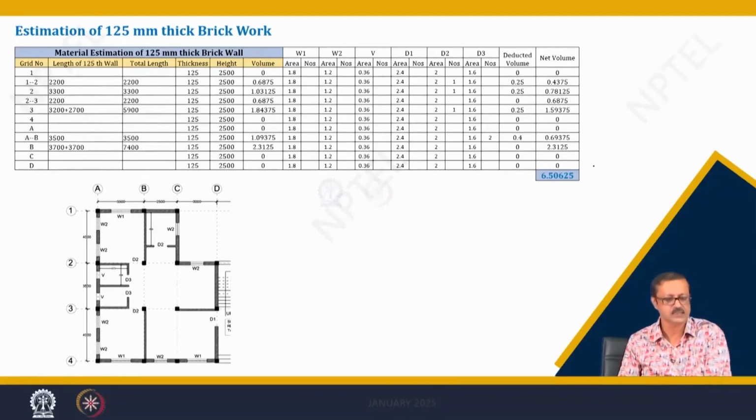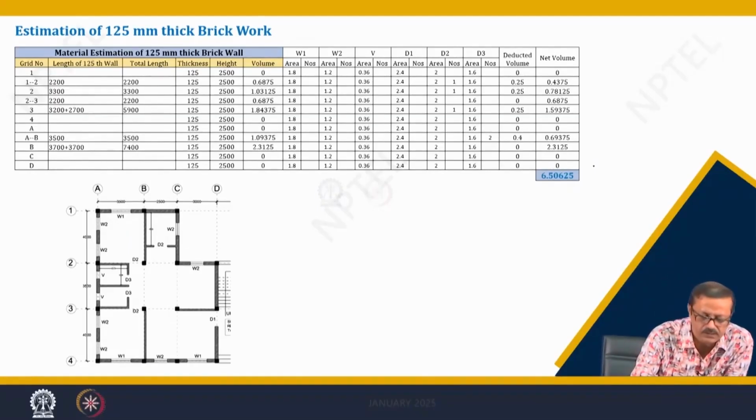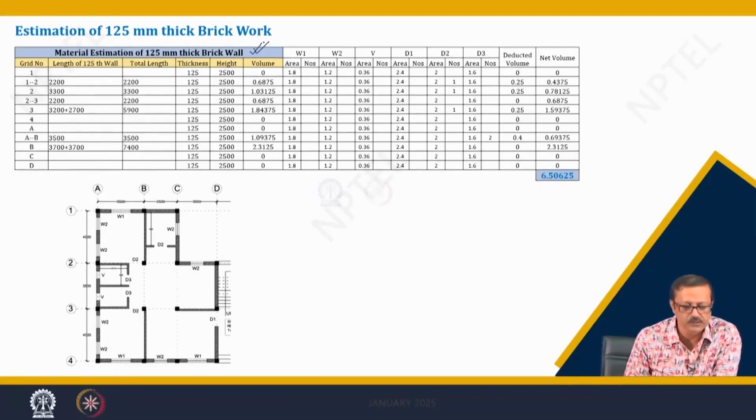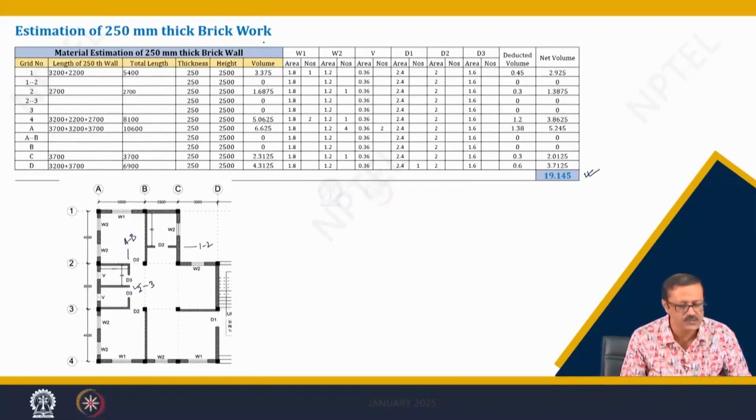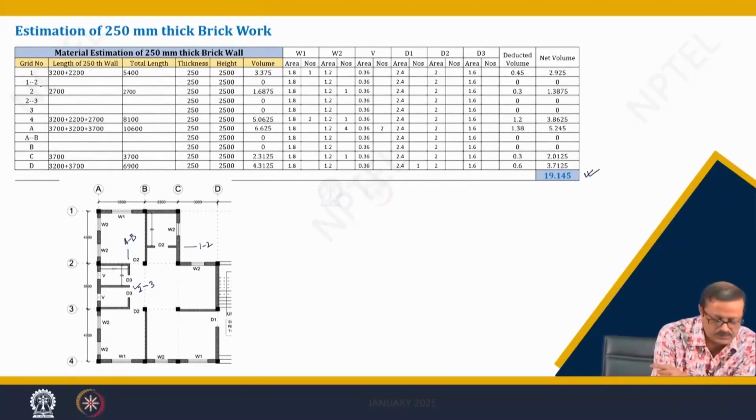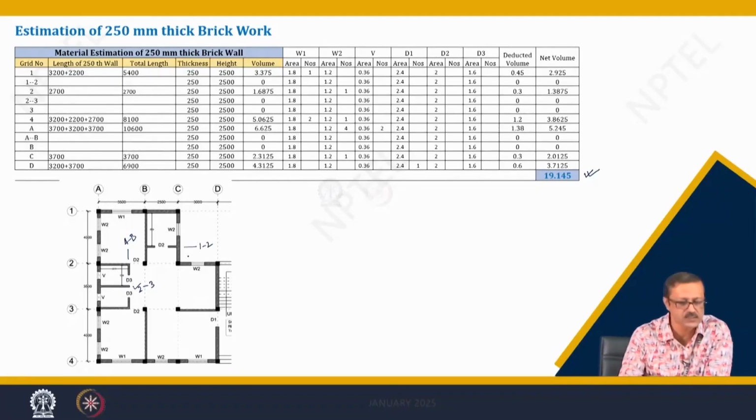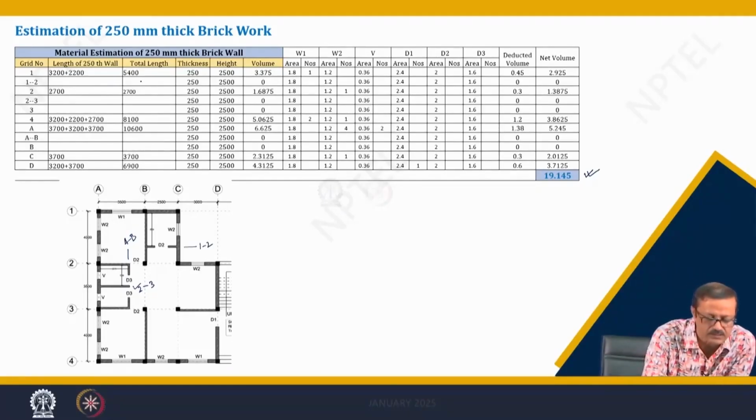Then next I have calculated the internal partition wall. Suppose if I go back, if you see this grid 1 2, it does not have any 250 wall, so this length is blank. Even 2 3 and 3, 2 3 is this, and 3 is this, so it has all internal wall, that is why it does not have any 250.